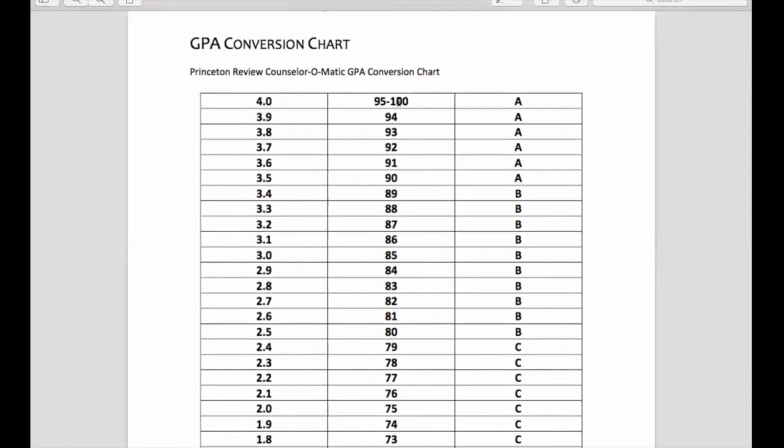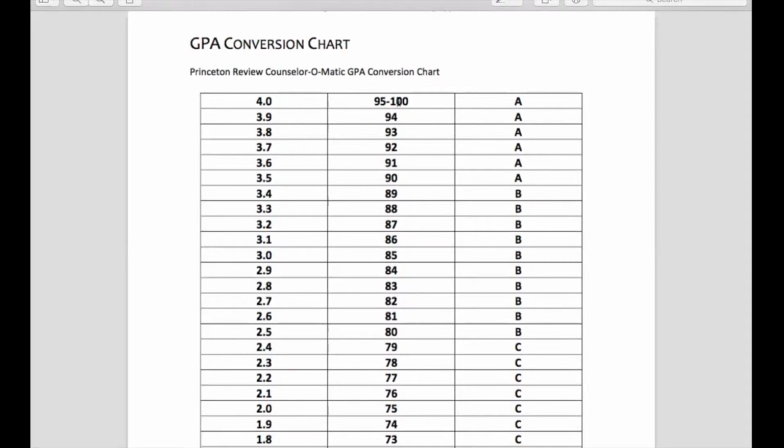At the bottom of that transcript, there should be an overall average, which is considered your GPA. Some schools will report it on a scale from 1 to 4, some schools will report it from A until F, and some will put it in a number range from 1 to 100.